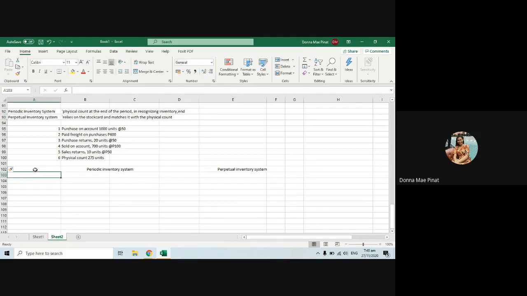So, kung periodic system for transaction number 1, how will we record it? Diretso na kana, purchases on account man. So, accounts payable. For how much? That's 1,000 times 50. That's 50,000. Same, 50,000.